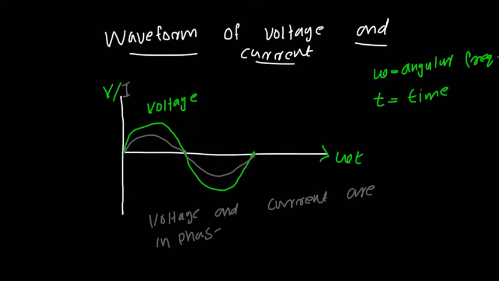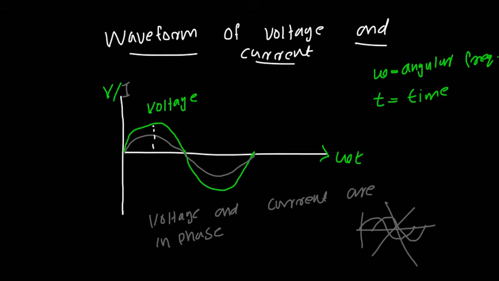That is why we plotted a diagram like this. If voltage and current were out of phase, the diagram may look like this. This will not happen in the case of a resistor only circuit. In the resistor only circuit, the voltage and current are in phase.